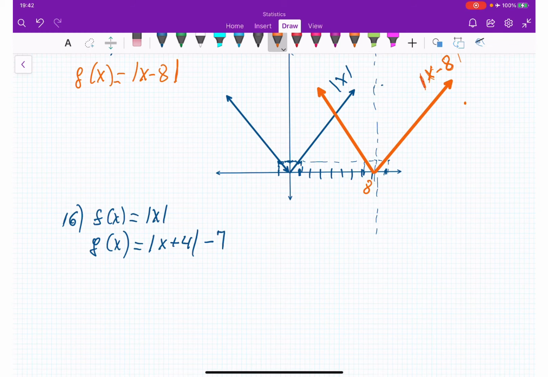All right. Let's see. So if we have x plus 4, that's going to change to negative 4 horizontally. And since we have change of y minus 7, that means it's going down vertically.